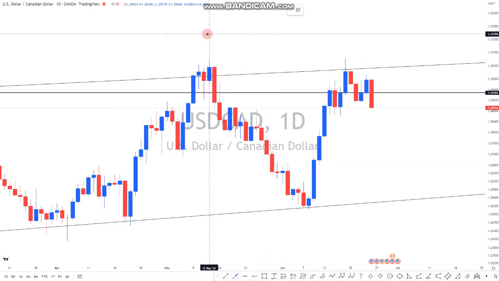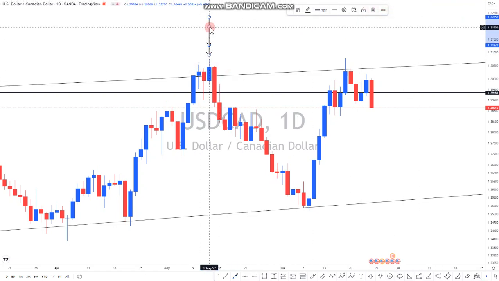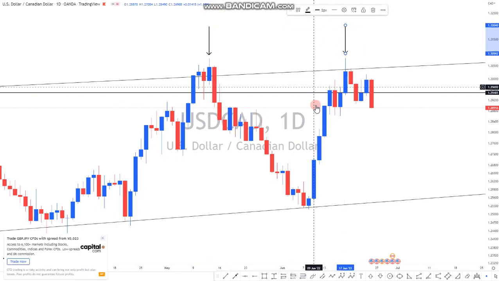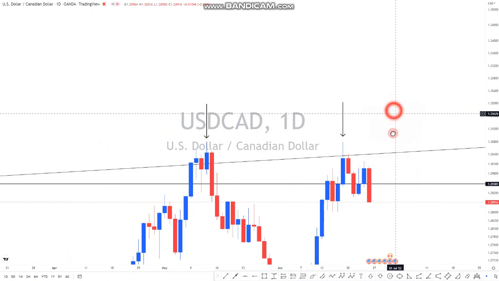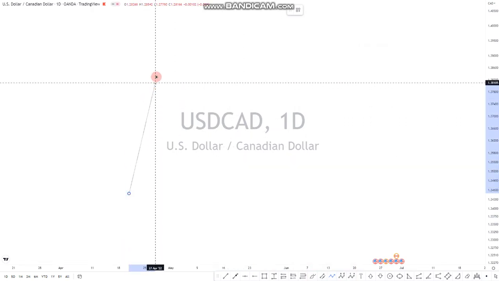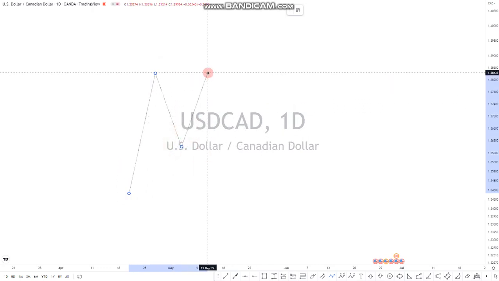Kuna pattern ya double top hapa. This is the first top, and as you can see we have the second top around this area here. That is our second top. So this market USD CAD seems to create a double top, and as we know the structure of a double top, how we deal with a double top, we look at the first leg towards the first top, then that was the neck toward the second top.